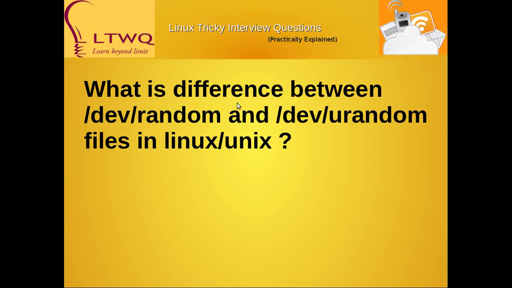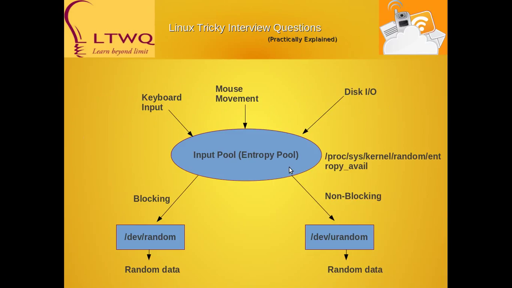Before understanding the difference between /dev/random and /dev/urandom, first understand how random data is generated in the Linux and Unix OS. Whenever we need to generate random data, this device file will collect data from various entropy sources. A source can be keyboard input, mouse movement, disk IO, or an interrupt request.